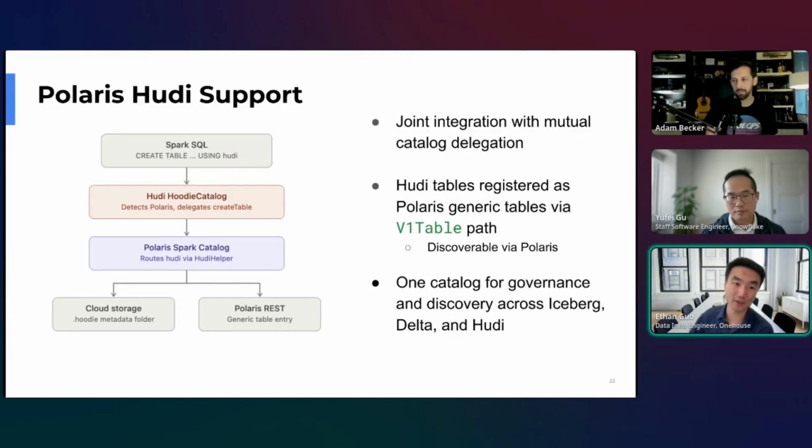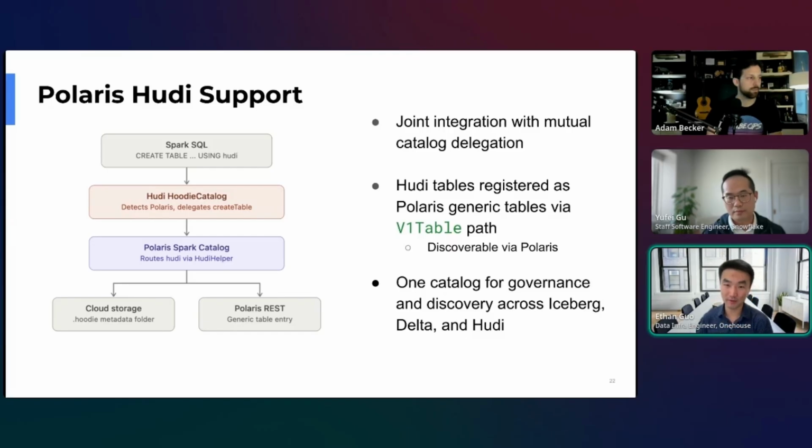So this shows how it actually works. It's a joint integration with mutual catalog delegation between Polaris and Hudi. It all starts with a user running a standard create table command in Spark SQL using Hudi format. Then the Hudi catalog receives this request and delegates to Polaris for creating the table.